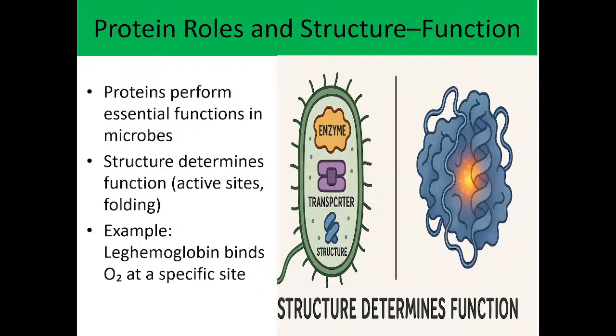As an enzyme, it can act as a transporter that is going to transport materials from one point to another. And sometimes we also have some proteins that are structural, that is, they contribute to the structure of the microorganism. An example of what we have here is leghemoglobin, which binds at a specific site, making use of oxygen.